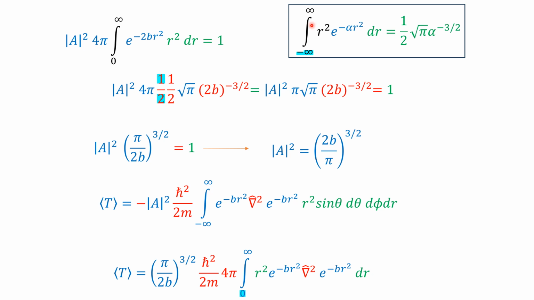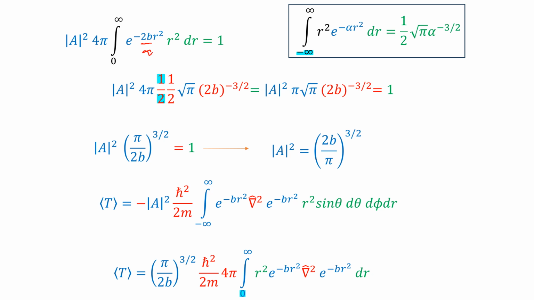That is, the integral between minus infinity to plus infinity of r² e^(−α r²) dr is equal to half the square root of π times α^(−3/2). Here I am taking 2b as α.